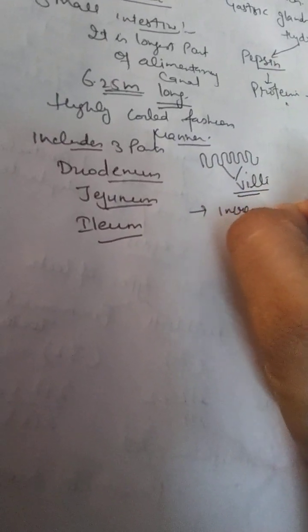They help to increase the surface area for absorption. That's why the maximum absorption of food takes place in the small intestine, due to the presence of villi. In the villi there is a rich supply of blood vessels and lacteals, so that the digested food is easily transported from the intestine to the various parts of the body.